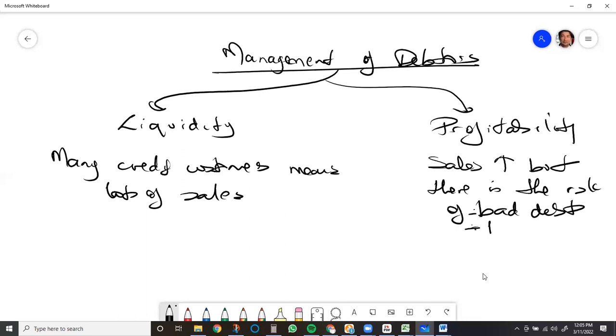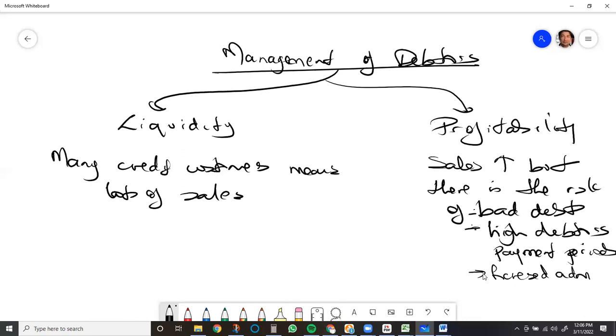high debtors payment periods, increased admin costs, and there may be others.